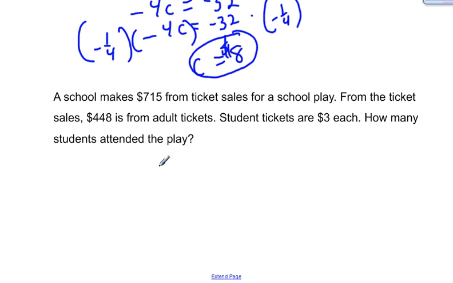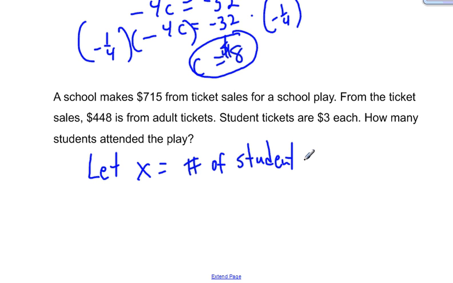So in this one, let me just use x this time. I don't like to use S's or T's. Let x equal the number of student tickets who attended.